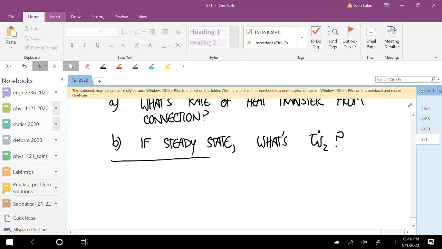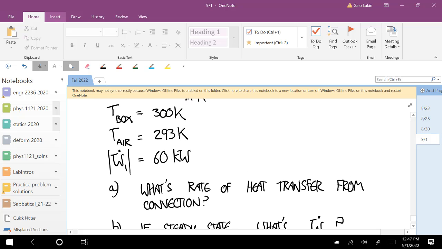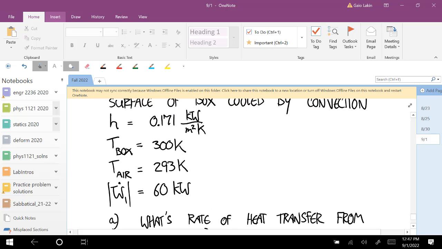Okay, so first we're just going to use the convection equation. So Q dot is equal to, we got to be careful with the units. I'm going to do everything in SI units.